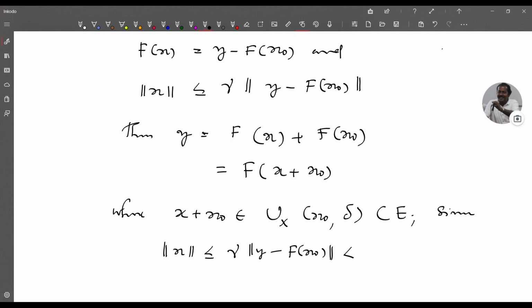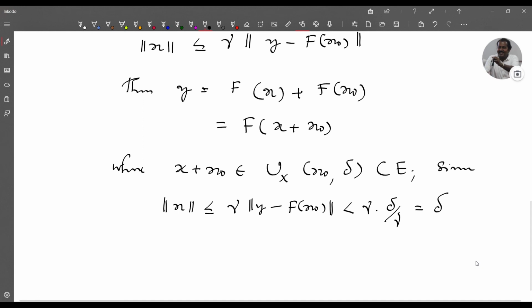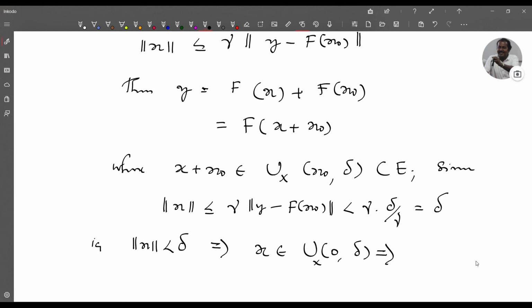So this is less than gamma times delta by gamma, which is equal to delta. That is, norm x is less than delta. Norm x less than delta implies x belongs to U_X(0,delta). So this implies x plus x naught belongs to U_X(x naught, delta). So this is the reason.